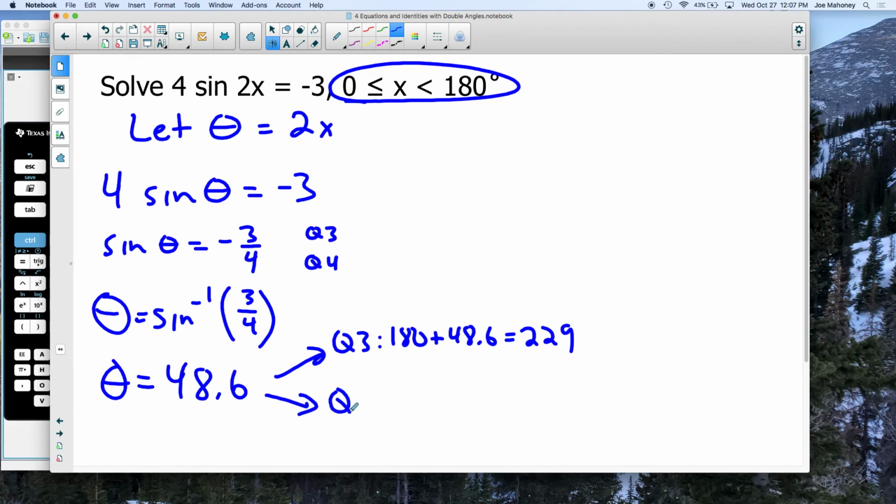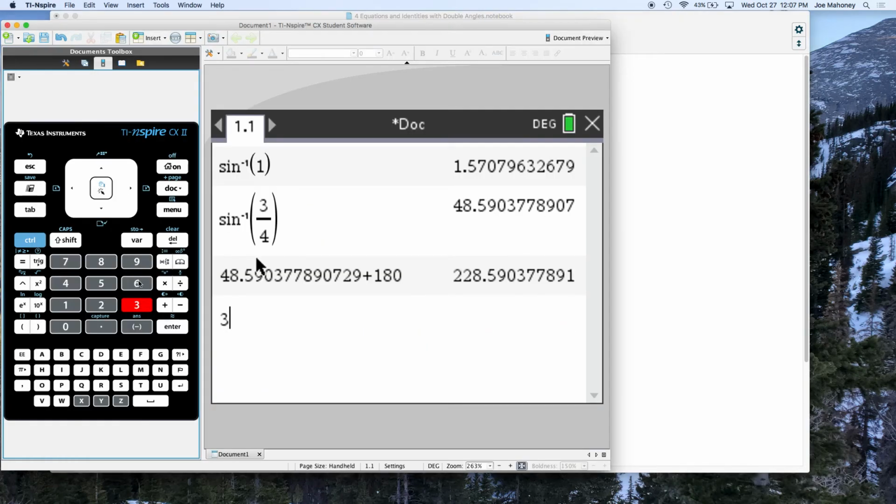And if I'm going to quadrant 4, remember that's 360 minus the angle. And when I do that, if we go to 360 minus the 48.6, we're getting about 311.